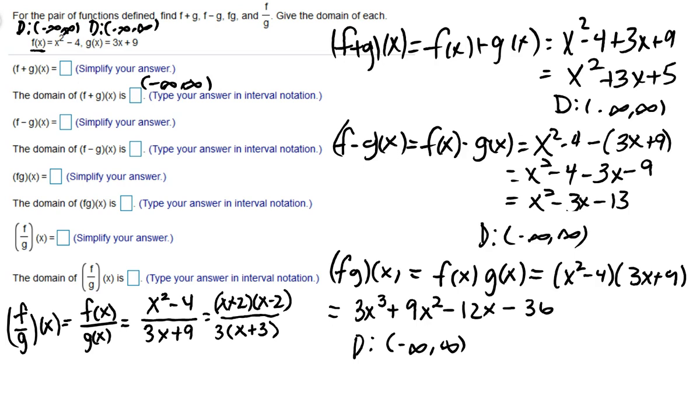So to find the domain, we're going to take that denominator of 3x plus 9, set it equal to 0, and solve. So we're subtracting 9 on both sides. We get 3x equals 9. We'll divide by 3 on both sides and get x is equal to 3. The value of x equals 3 is going to cause the denominator to equal 0. And when you divide by 0, that's something that's undefined.